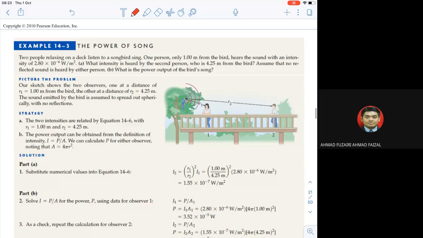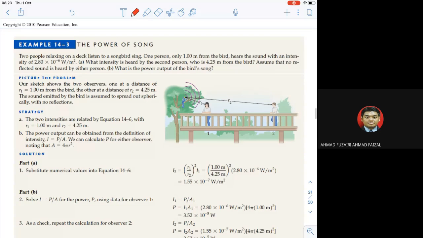Okay, so this is an example of intensity. Two people relaxing on a deck listen to a songbird sing. One person is only 1 meter away.